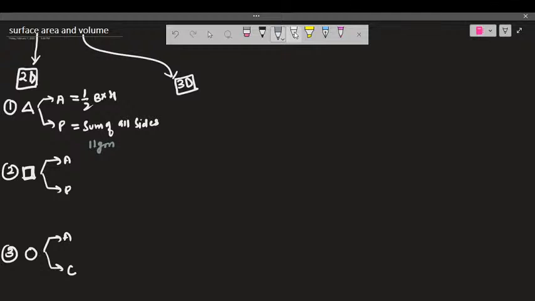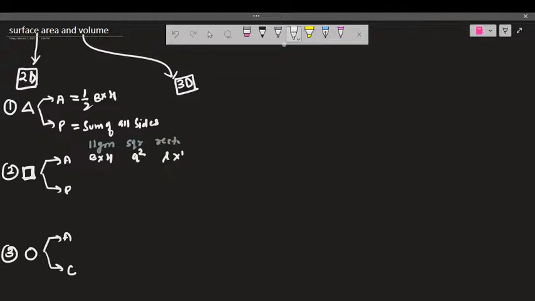If it is square, then area is going to be side square. Let's say side is A, then A square. If it is rectangle, then area is length times breadth.